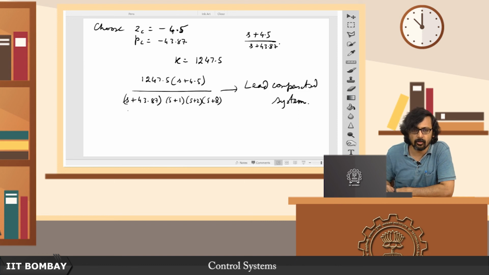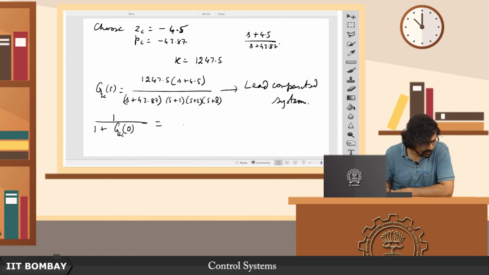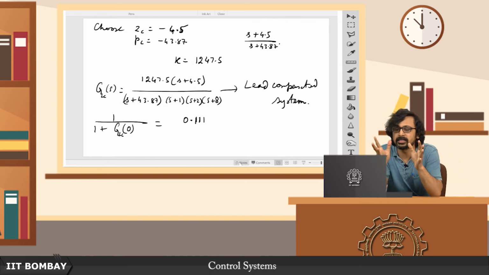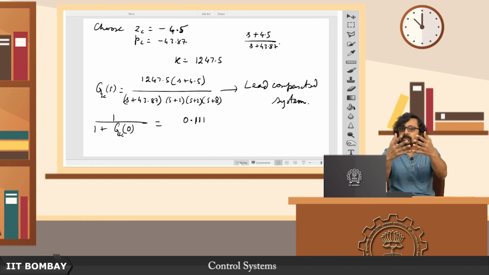If this is my G lead compensated S, I put it at S equal to 0 in 1 over 1 plus this, and I evaluated and found that it is already 0.111. So from close to a 30% steady state error earlier for the uncompensated system, even without using a PI compensation or a lag compensation, just by using this lead compensation, even though it was not its original purpose, mind you, the lead compensation's original purpose is to tackle the specifications in terms of transient response, it still does a very good job of reducing the steady state error.